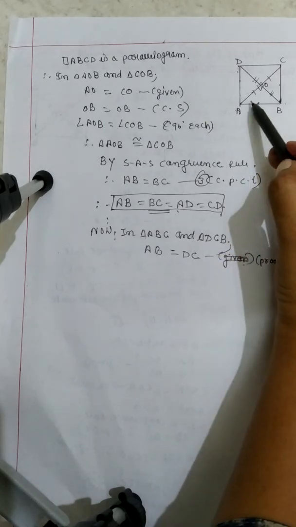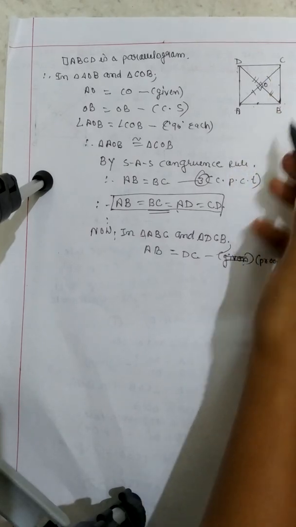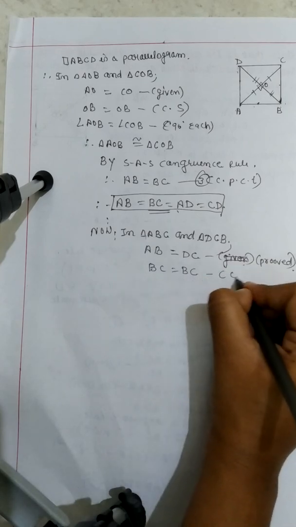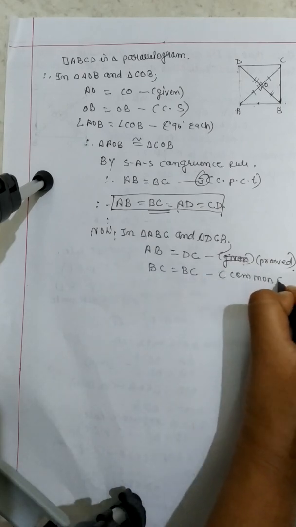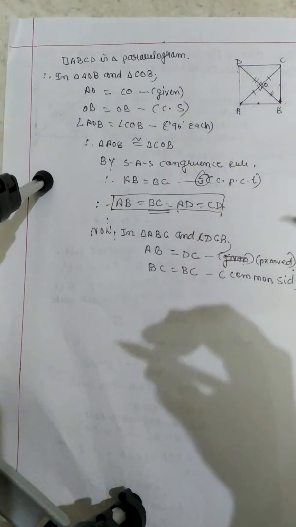So we have taken ABC and DCB, then the next side we take is BC equal to BC, that is your common side, and one more is AC equal to BD, already given in the question.